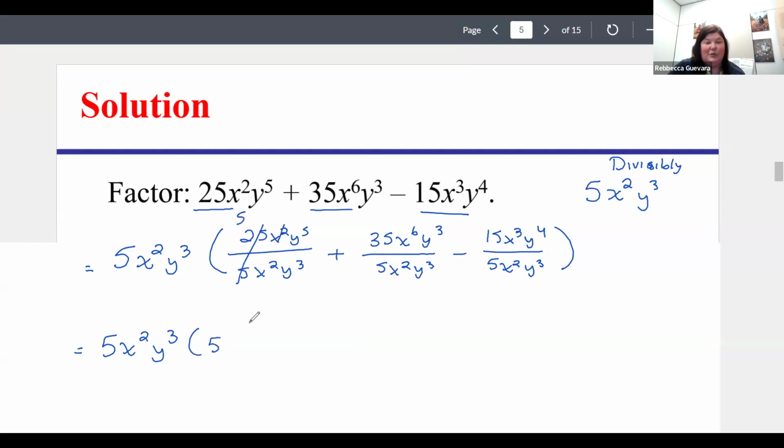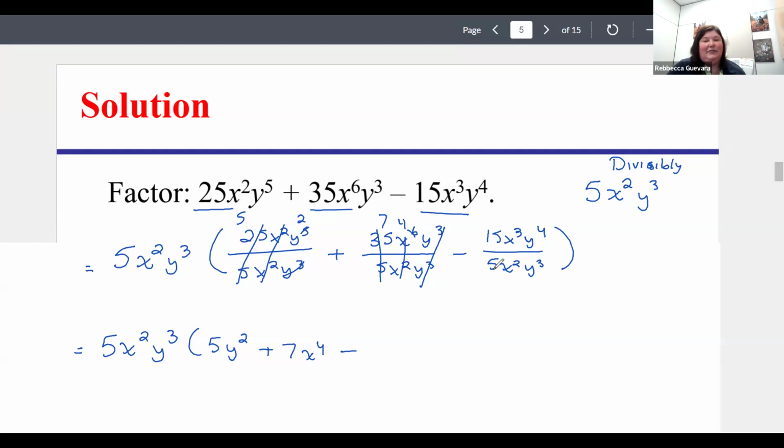I have an x squared and x squared, those are gone. I have a y cubed and y to the 5th, so I'm left with y squared. 35 divided by 5 leaves me with 7. I have x squared and x to the 6th, so that leaves me with x to the 4th. And the y's cancel out.